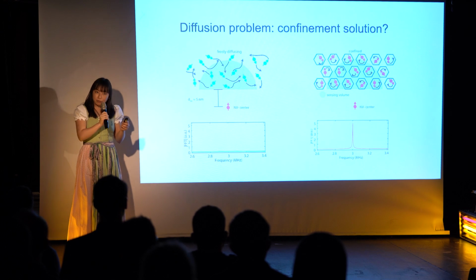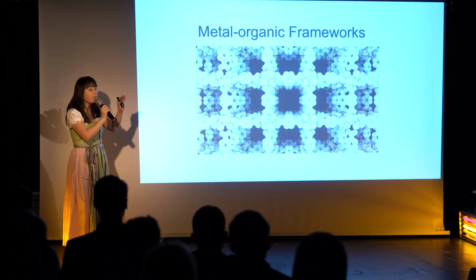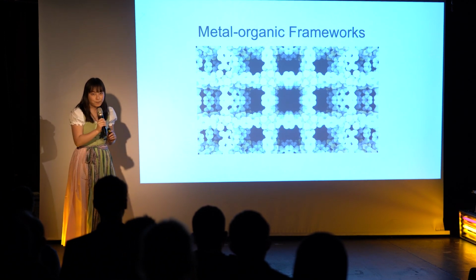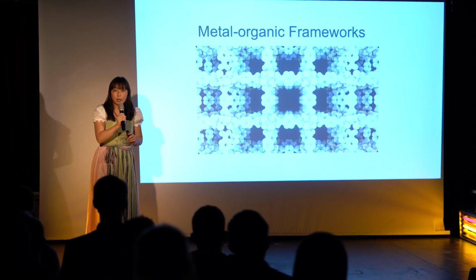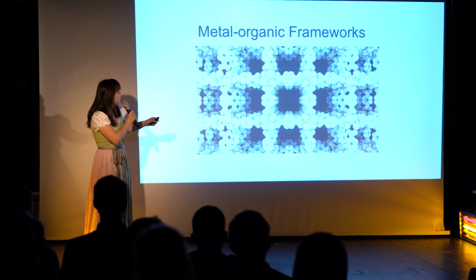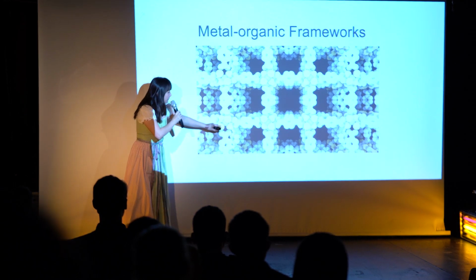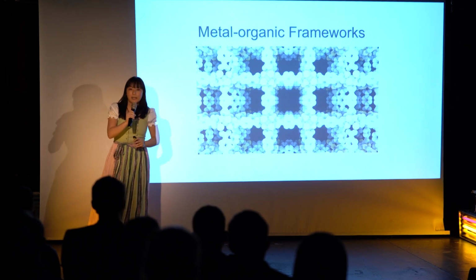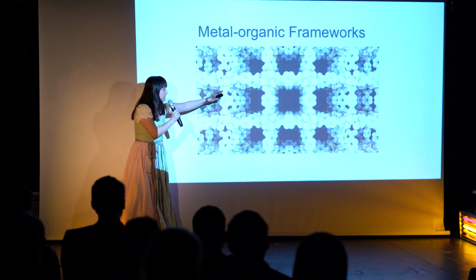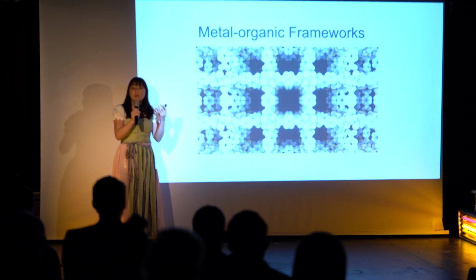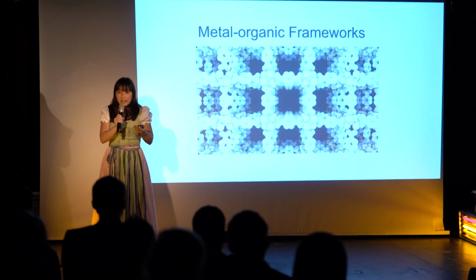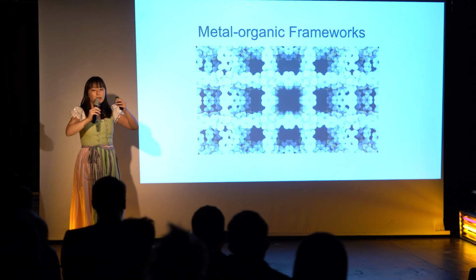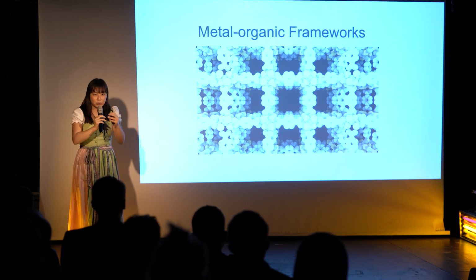And now I'd like to introduce you to a very nice porous material called metal organic frameworks. Metal organic frameworks, or MOFs, consist of metal nodes or centers connected by organic linkers. They have pore sizes that could be only a few tenths of a nanometer in size, which means you could restrict individual molecules.